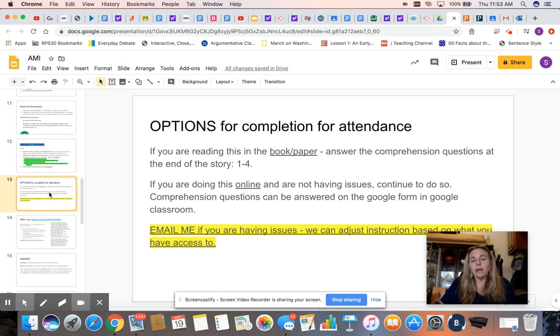If I haven't heard from you, I sent out emails. If I haven't heard from you, then I encourage you to email me, touch base with me, let me know what's going on. If you're turning assignments in, I'm usually writing a note back to you saying, good job, I got it. And that way you know that I have seen your communication with me. And that lets me know that you are working at home.